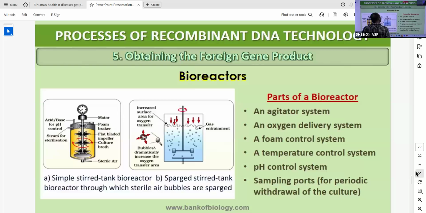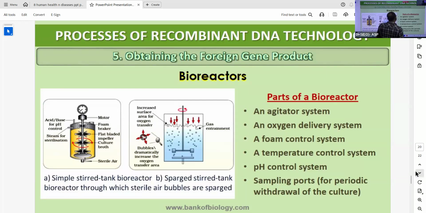Sampling ports are for whatever has been achieved with the help of the bioreactor. Towards the bottom there is a releasing cap.